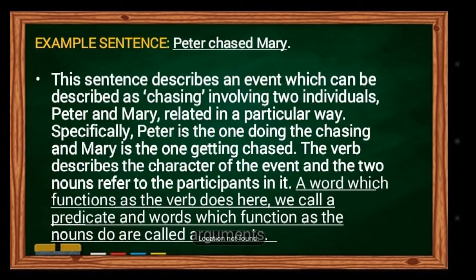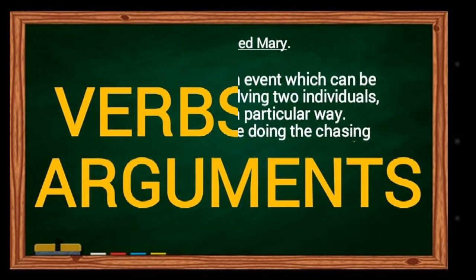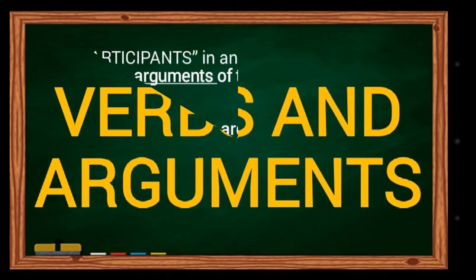The verb describes the character of the event and the two nouns refer to the participants in it. A word which functions as the verb does here we call a predicate, and words which function as the nouns do are called arguments.